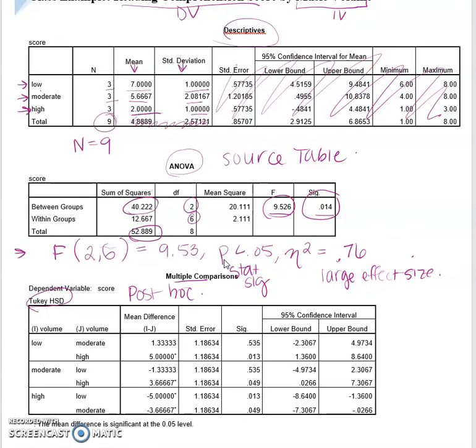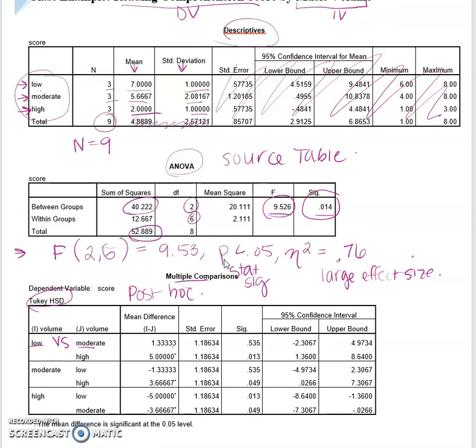And even though it's significant overall between all 3 groups, we want to know, is there a significant difference between low and moderate, low and high, moderate and high? And so that's what this tells us here. The first one, we can see low versus moderate. The mean difference is 1.33.